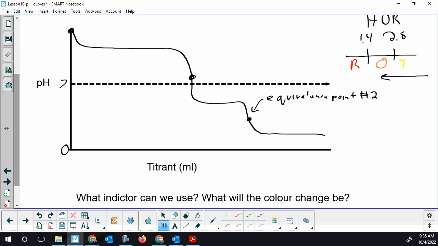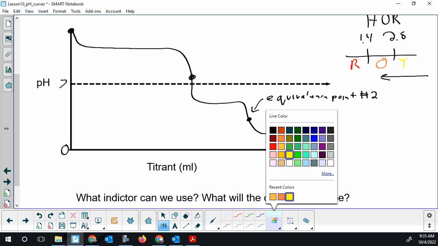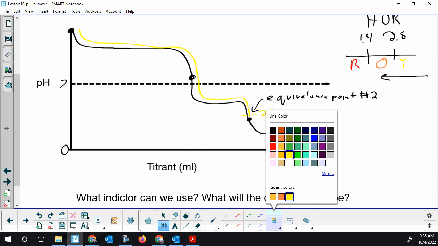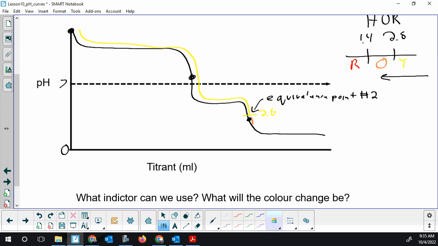So what's our endpoint going to be? We're going to be yellow through most of this titration. You're not even going to see a color change for the first equivalence point. And at 2.8, we're going to switch to orange and stop. So my arrows are kind of going to the same place.